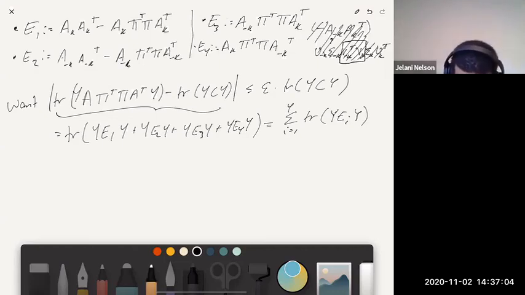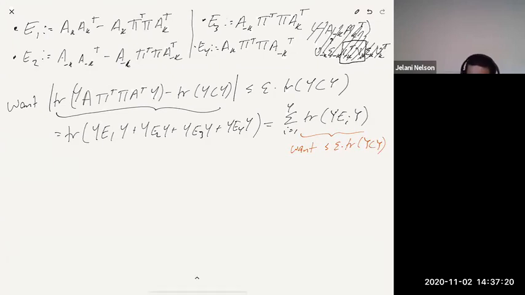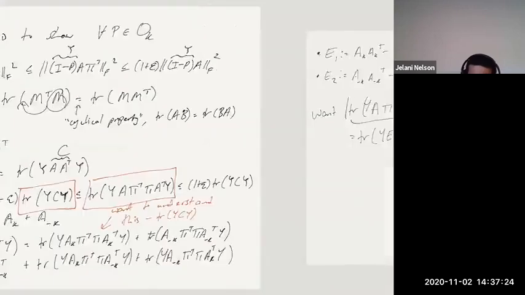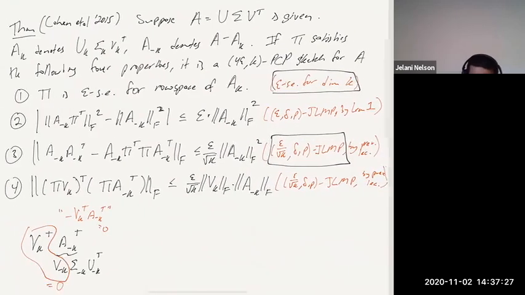So if I can show that each one of these things is at most epsilon times the trace of YCY, then I'm done. I'm golden, right? Because I'm getting 4 of them. I get 4 epsilon trace of YCY as my error, which is exactly the theorem statement.